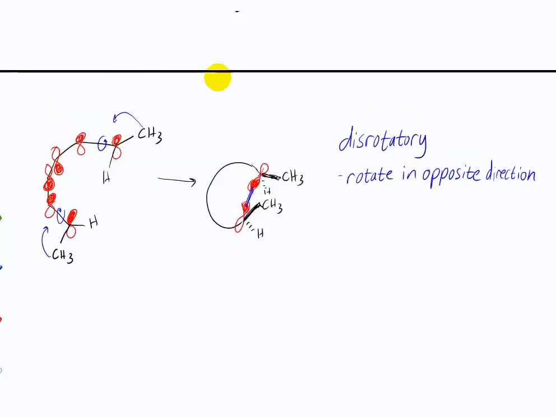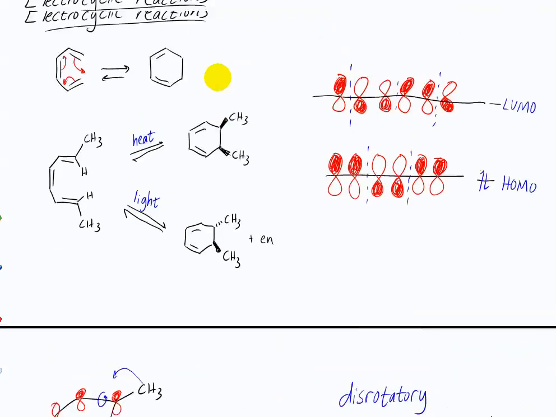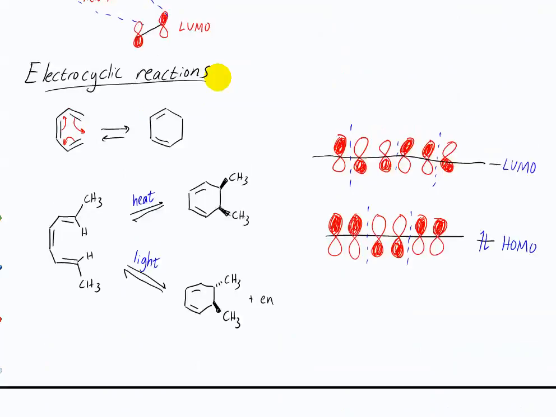So depending on the number of electrons, you're going to have different behavior. There's a nice little table in the book that talks about the thermal versus photochemical cyclizations. Thermal is, of course, the heat, and photochemical is the light. If you have 6 electrons, you'll do what we just found right here. If you have 4 electrons, you'll actually have the opposite because the phases are switched.